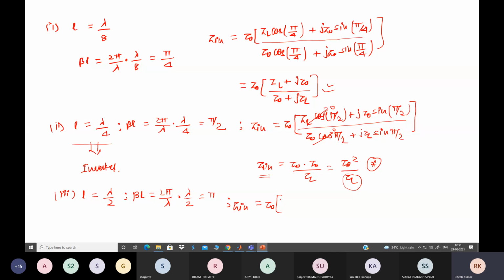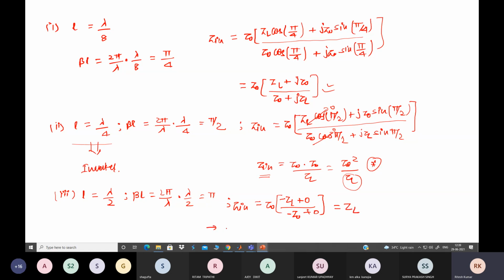So ZL cos π is minus ZL, minus 1. Z0 sin π, its value is 0. And here in the denominator, Z0 cos π, again minus Z0, and here it will again be 0. So the Z0 will cancel out, also the negative sign will cancel, so we have ZL.